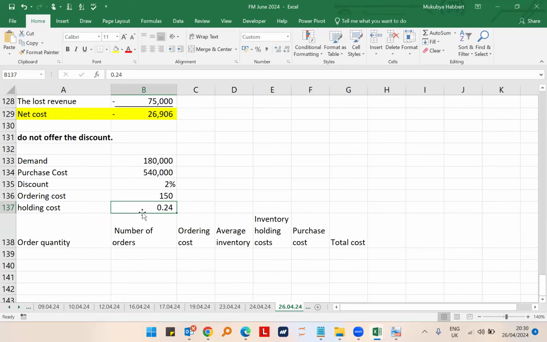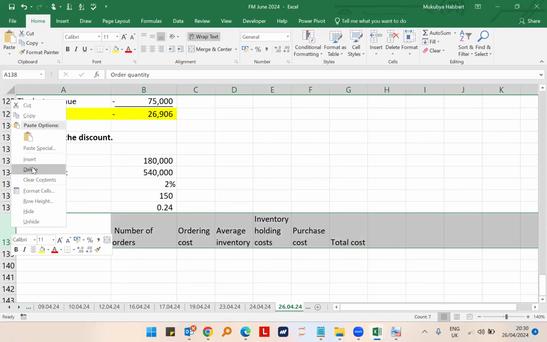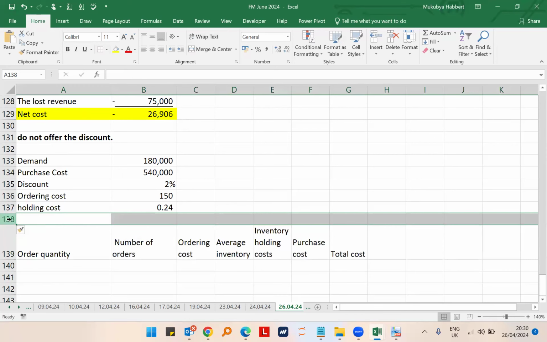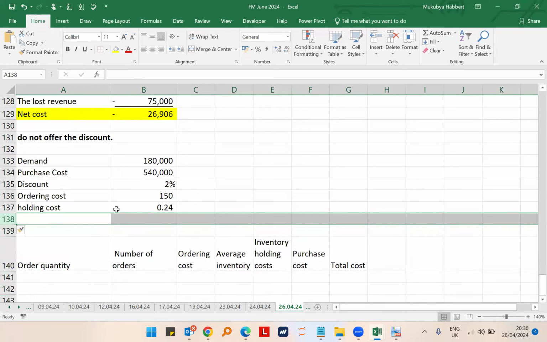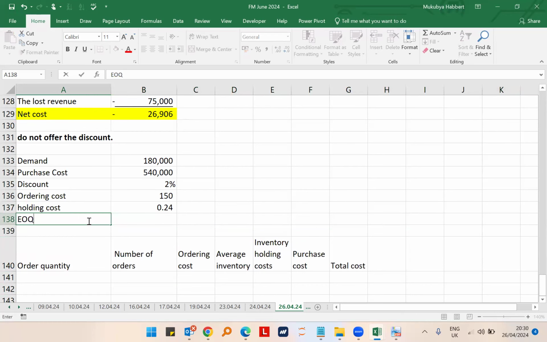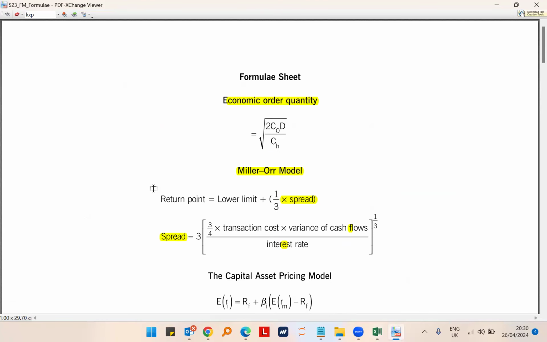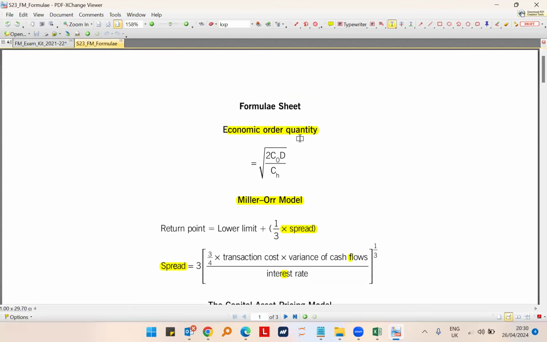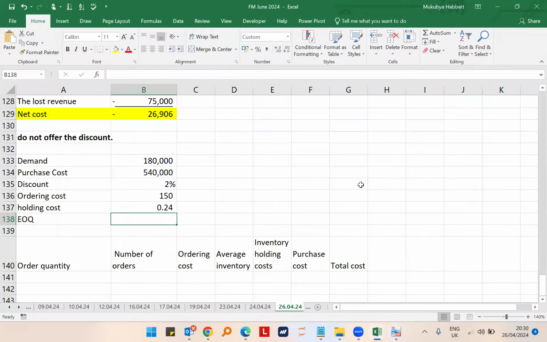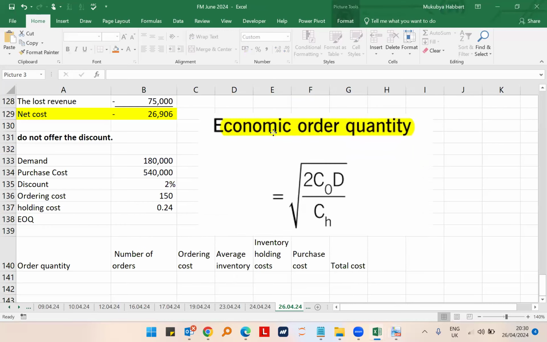So what's the first thing that we need to do actually is determine what is the EOQ. Okay. So EOQ, the formula is given to us in the formula sheet as square root of 2 times CO times the demand divided by the holding cost.